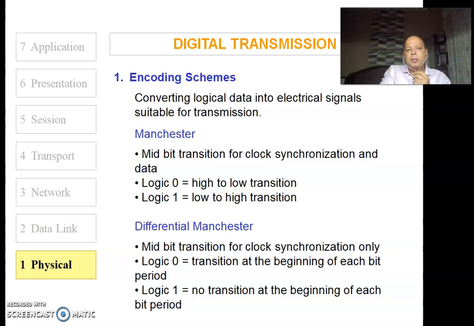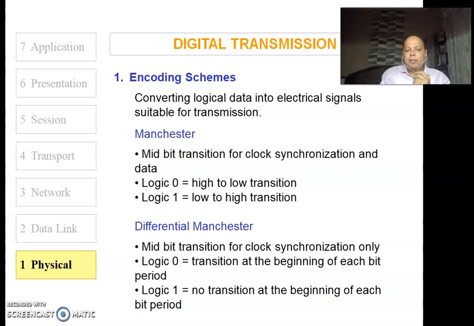In case of digital transmission, again there are different encoding schemes, like the Manchester encoding scheme and the differential Manchester encoding scheme. These encoding schemes convert logical data into electrical signals so that they are suitable for transmission. As we have seen, this is the basic purpose of the physical layer, converting the logical data into electrical signals.